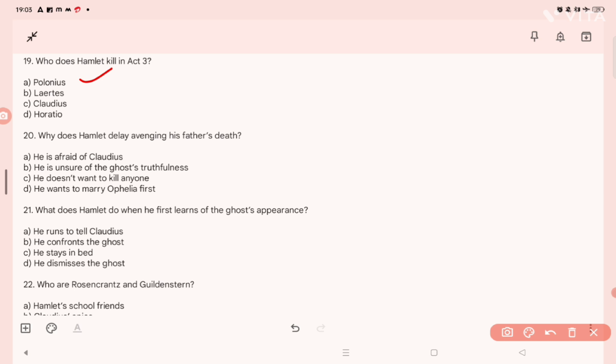He is unsure of the ghost's truthfulness. Option B. What does Hamlet do when he first learns of the ghost's appearance? He confronts the ghost.